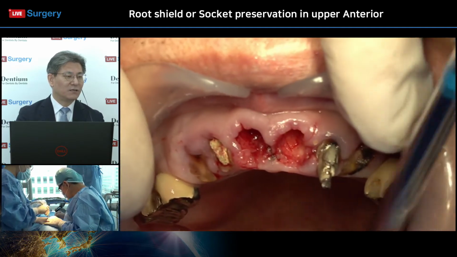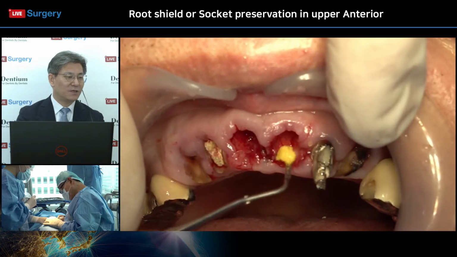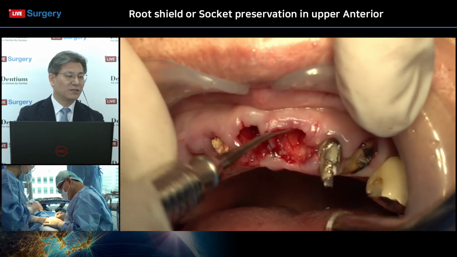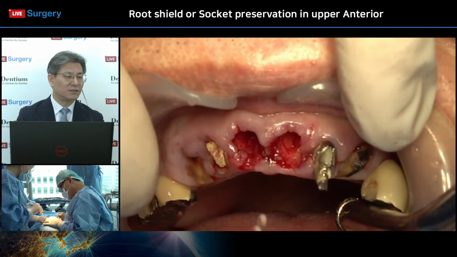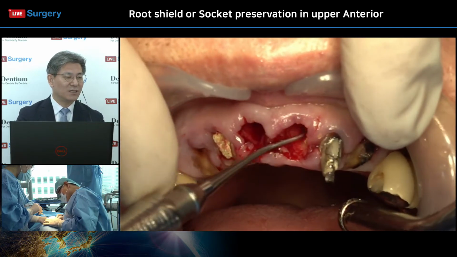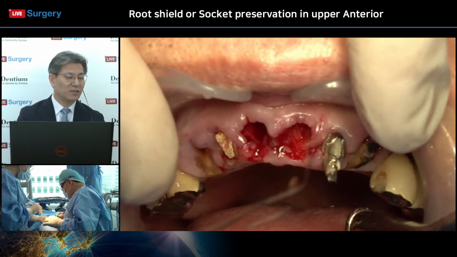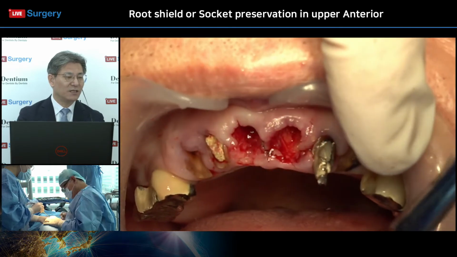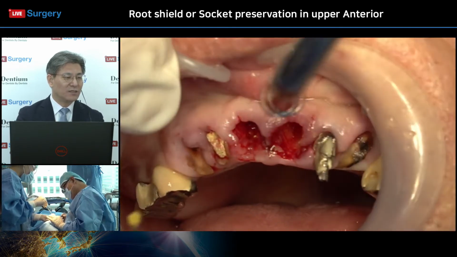Okay, the next step, tetracycline application. Dr. Chung preferred to use this yellow colored powder. This one is tetracycline with saline.